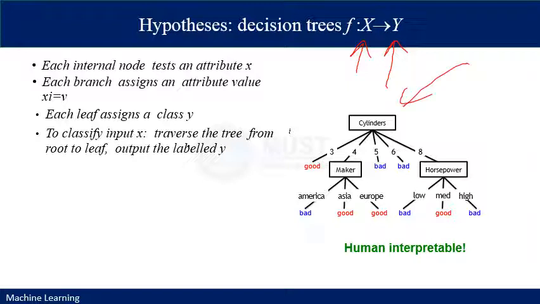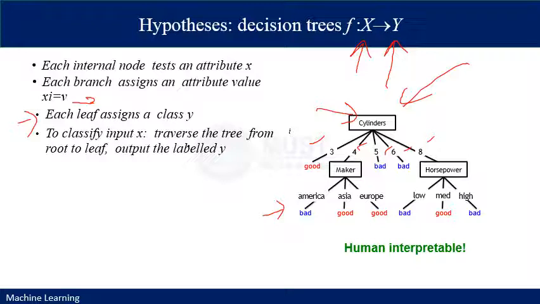For example, we have another example to classify cars, and we divide each test node on the basis of attribute X, and in this case we have the attribute of cylinders, and each branch assigns an attribute value X_i equal to v, as in this case we have 3, 4, 5, 6, 7, 8 as attribute values. In the final or terminating nodes, we have the leaf nodes, and each leaf assigns a class Y. So in this case we have the classes America, Asia, Europe, low, medium, high, etc.